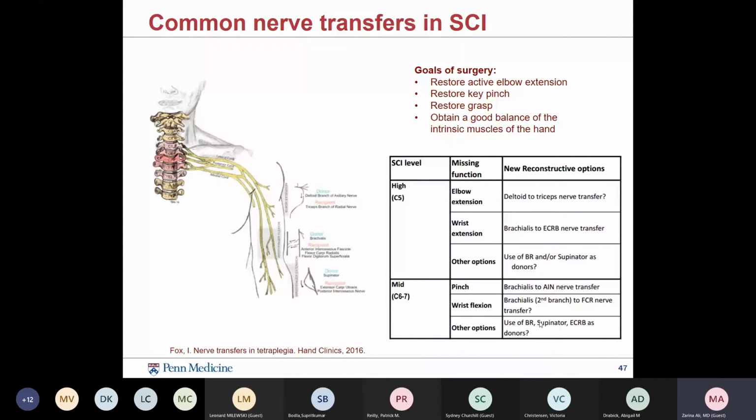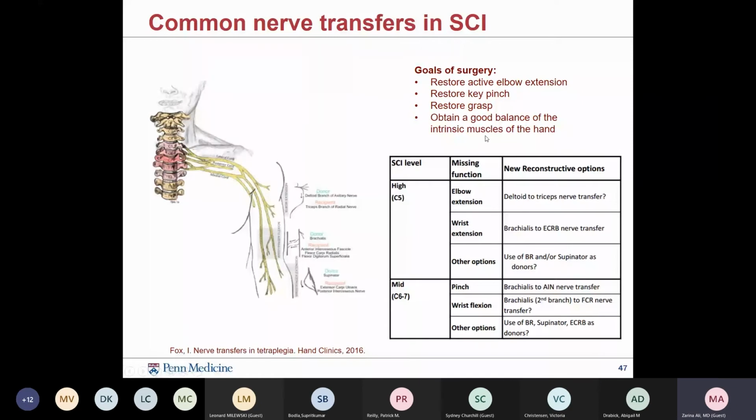For C5 injury, these patients sometimes still have preserved elbow flexion but cannot have elbow extension. So we want to get them back some elbow extension. Restoring pinch is an important component of nerve transfer for spinal cord injury, grasp, and then hand intrinsic muscles if we're able to maintain a good balance of that.